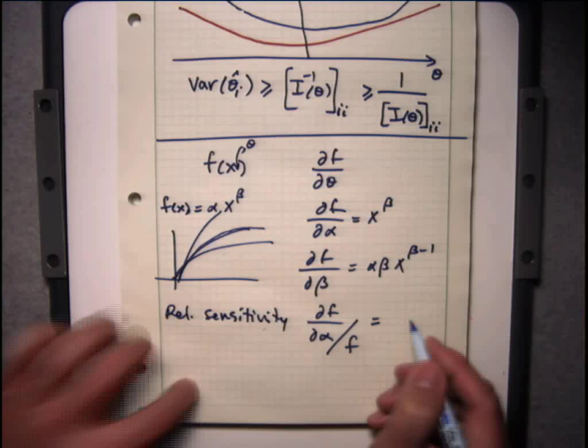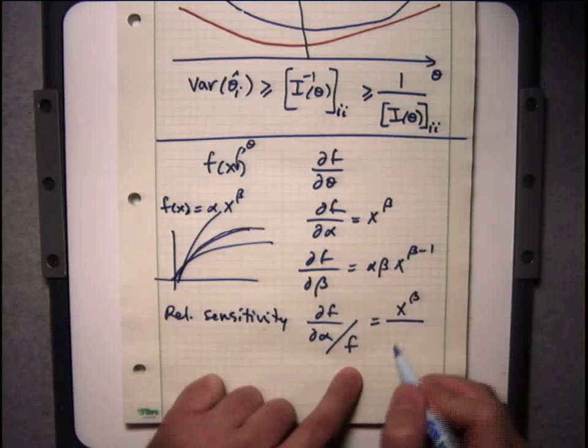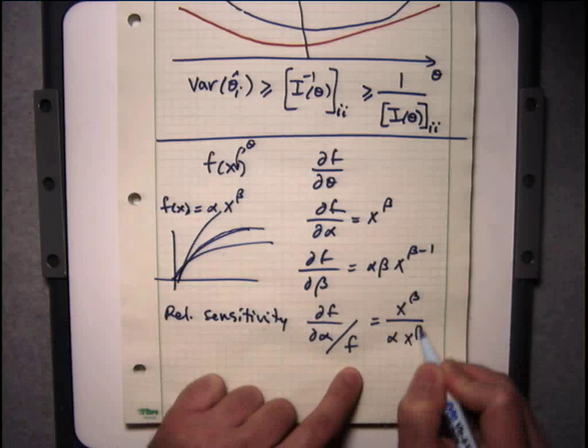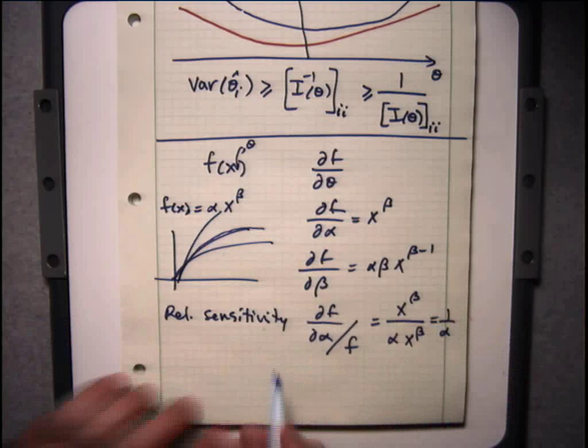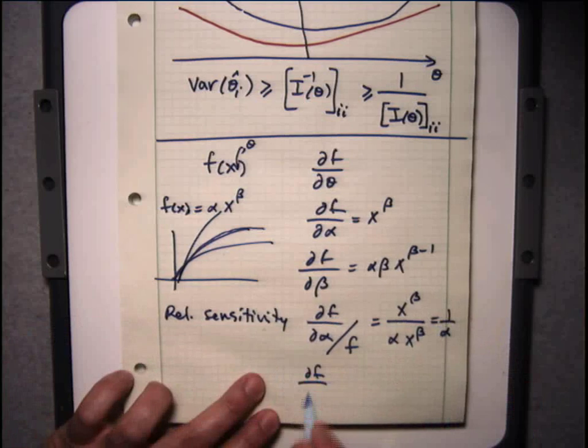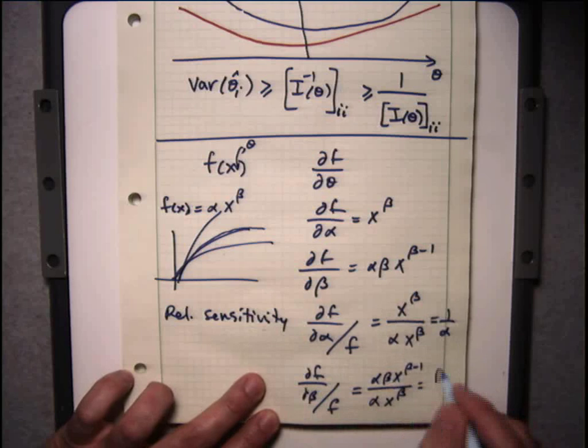In this case, this would be x to the beta divided by alpha x to the beta, and so you get 1 over alpha here. On the other hand, df d beta divided by f is alpha beta x to the beta minus 1 divided by alpha x to the beta. So the alphas cancel out, and you get beta over x.